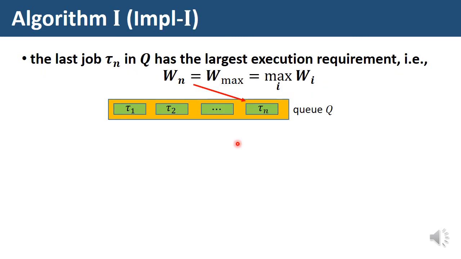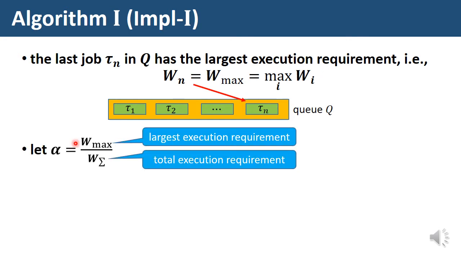For any assigned job, we first offload it on an accelerator and then execute it on its assigned processors. We now give some details about the implementation of Algorithm 1. We let the job with the largest execution requirement be the last job in the queue. Here, we use W max to denote the largest execution requirement among jobs. Moreover, we set the factor alpha to be the largest execution requirement divided by the total execution requirement among all jobs.